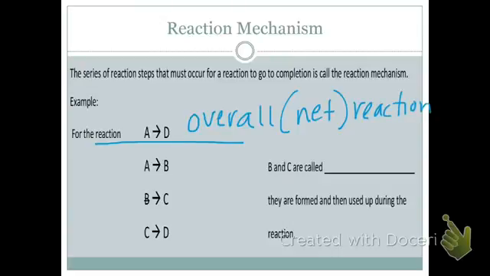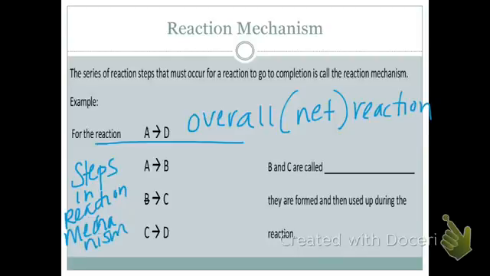But in order to get there, we had to go through a series of these steps, and these are the steps in the mechanism. I'm going to run out of room, sorry. Okay?